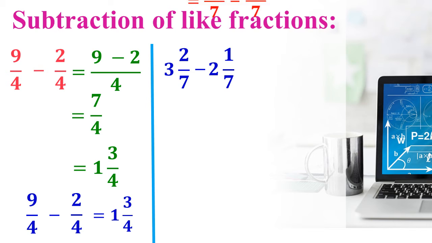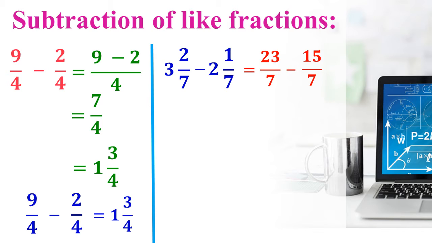Here 3 and 2 by 7 can be written as 23 by 7. Next, 2 and 1 by 7 can be written as 15 by 7. So now these are like fractions.